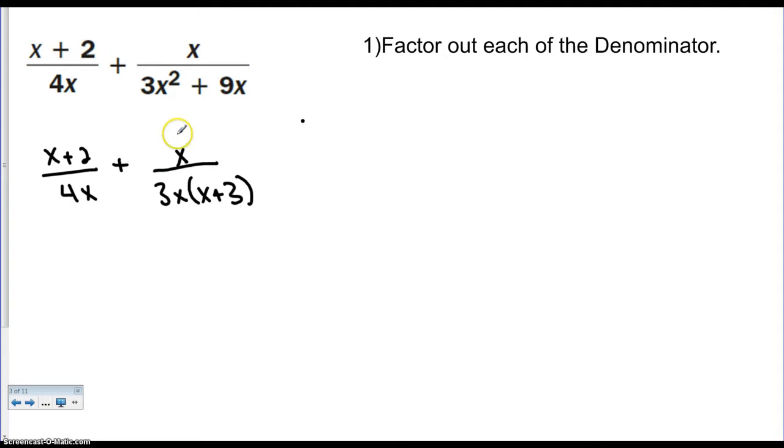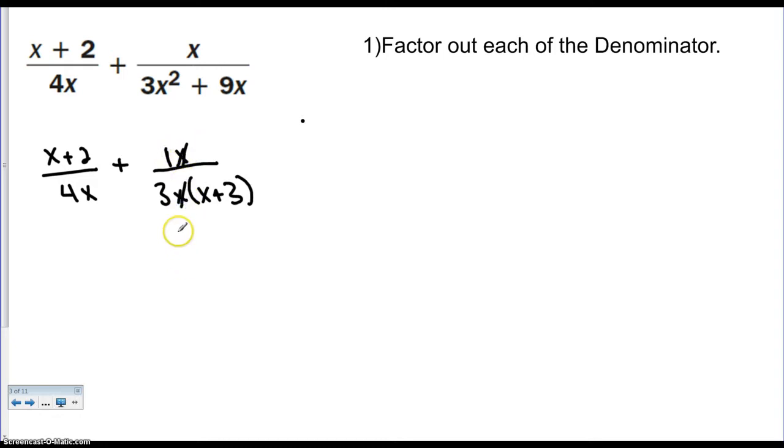So what I'm going to look at is, can I simplify anything? I have (x plus 2) over 4x. Now x and 2 are being added together, and I have something being multiplied in the denominator, so I can't cancel anything. Here, on this one, I have an x over an x. x is technically being multiplied by 1, so I can cancel out these two x's.